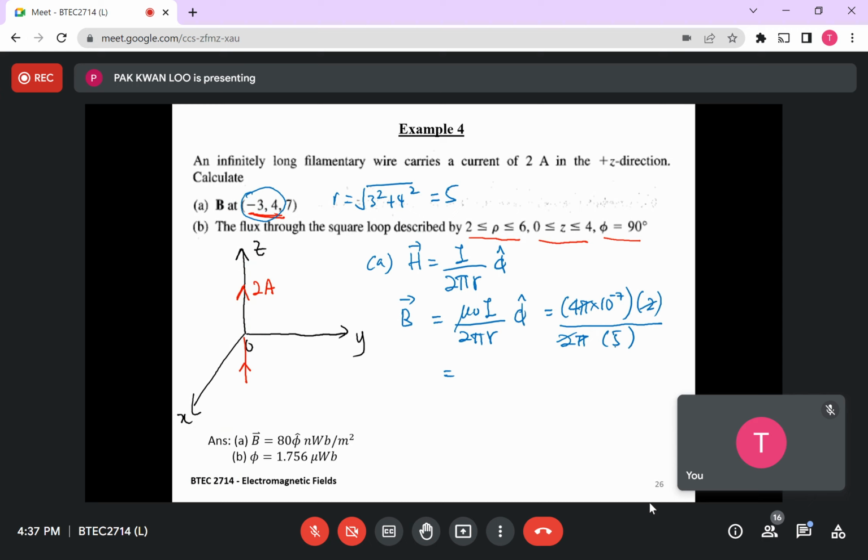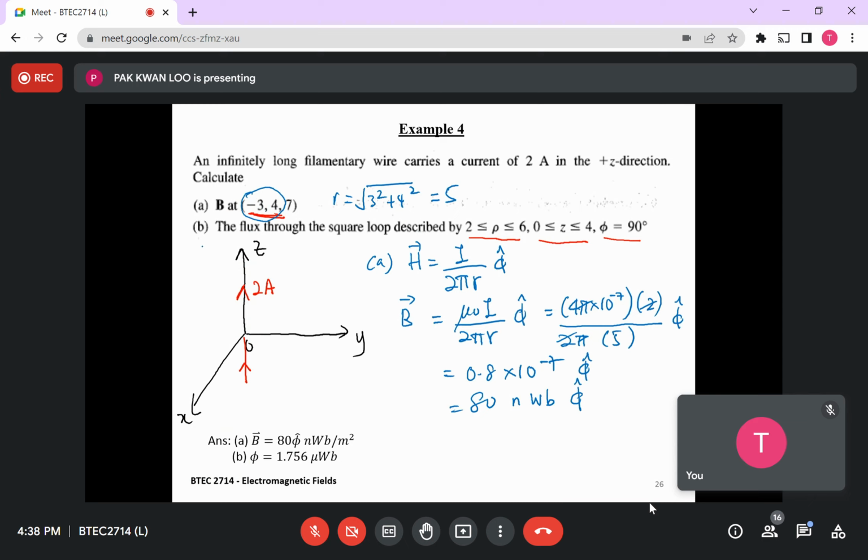So 4 divided by 5 is 0.8 times 10 to the power of negative 7, so 80 nanoweber. So that's part A.